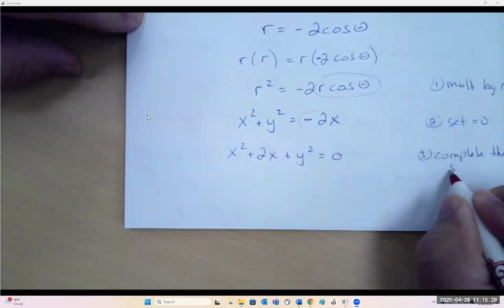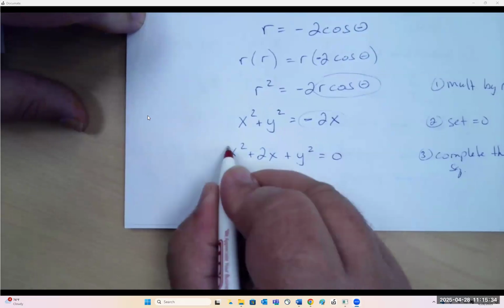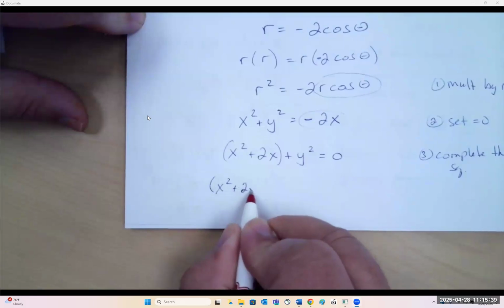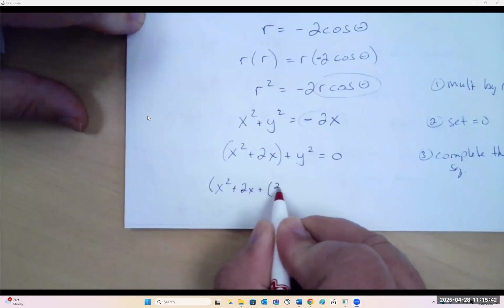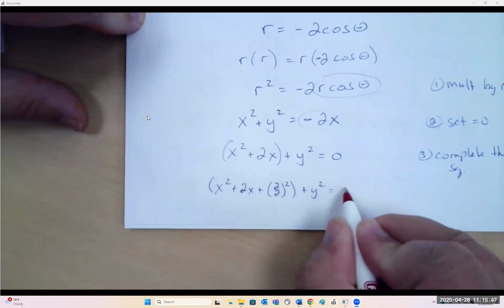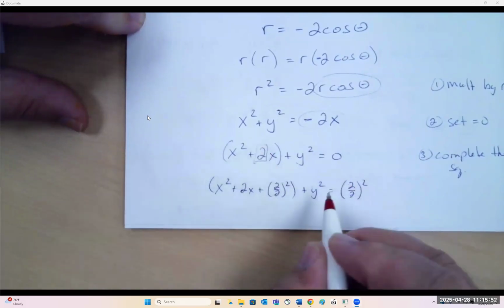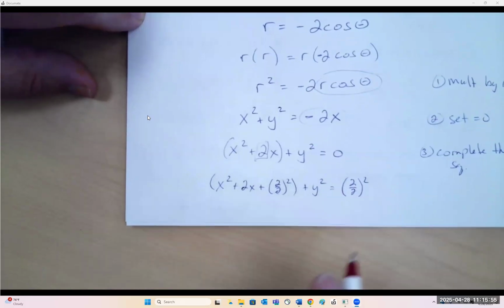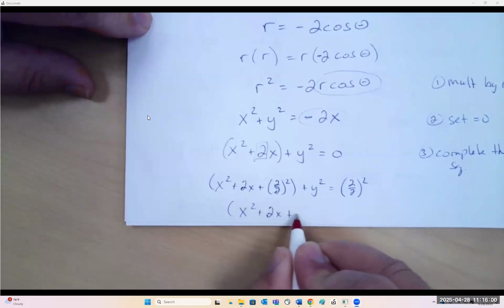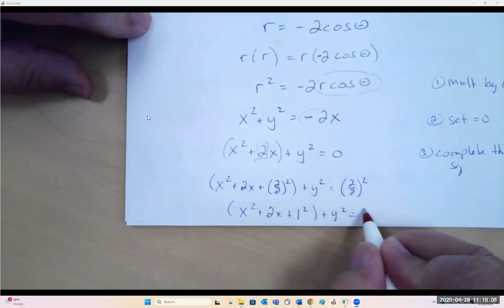Complete the square. So we have x squared plus 2x plus 2 over 2 squared. No, it's whatever's in front of the x. I divide it by 2 and I square it. So we have x squared plus 2x plus 1 squared. 2 over 2 is 1, so it's 1.